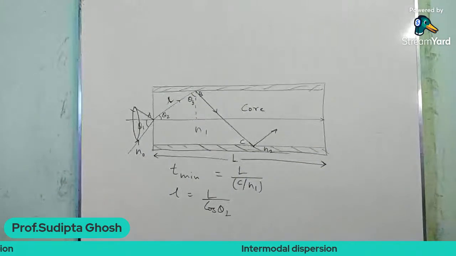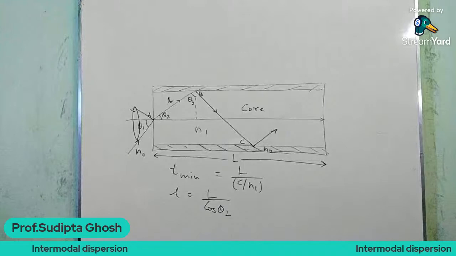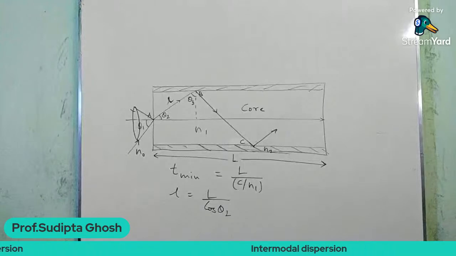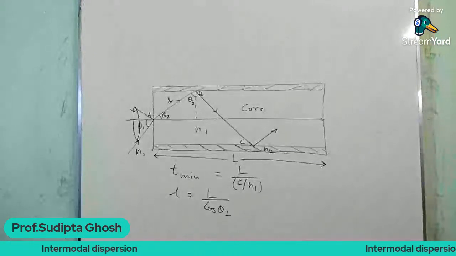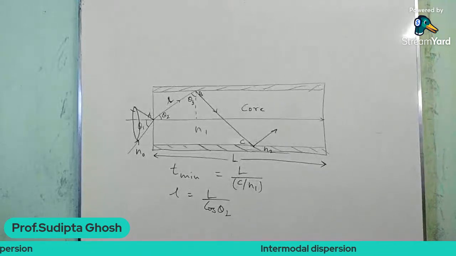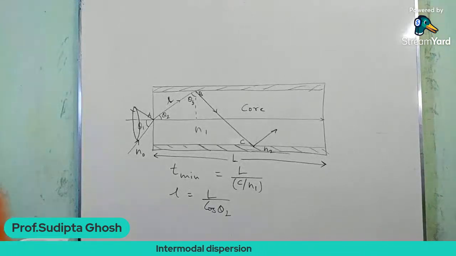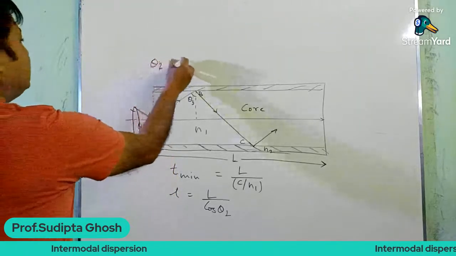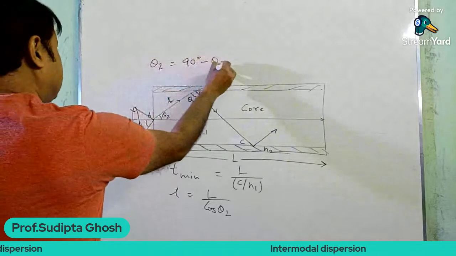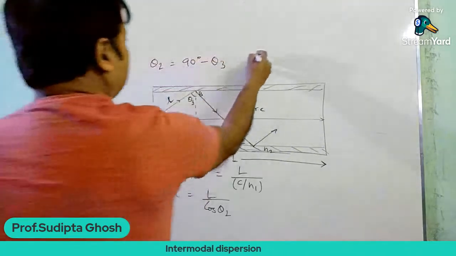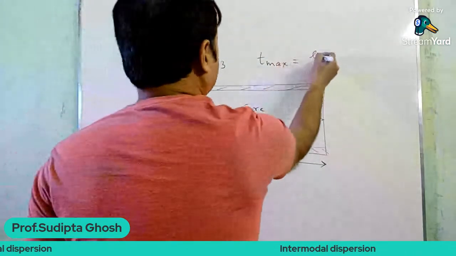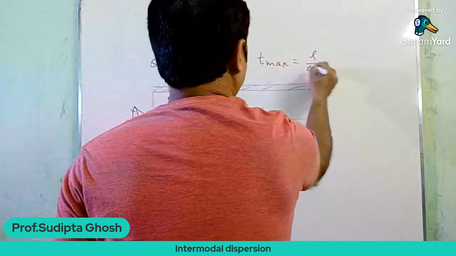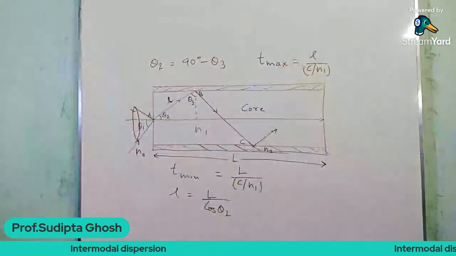Now the path length will be the longest when the ray is incident on the core cladding interface at the critical angle, that is theta 3 equals theta c. Because theta 2 is actually 90 degrees minus theta 3, the maximum time, T max, will be small l divided by c by n1, as the path length is small l.